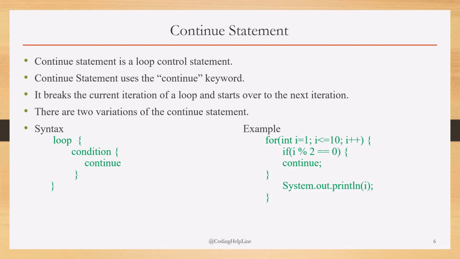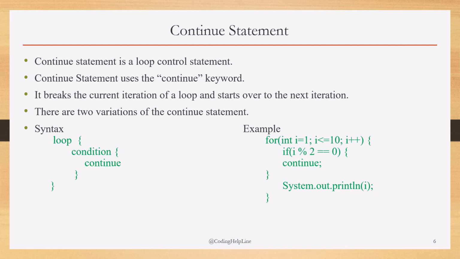In the first variation, this is a loop. It can be while, do while or for loop, any loop. And this is a condition, because we conditionally stop the iteration of the current loop.